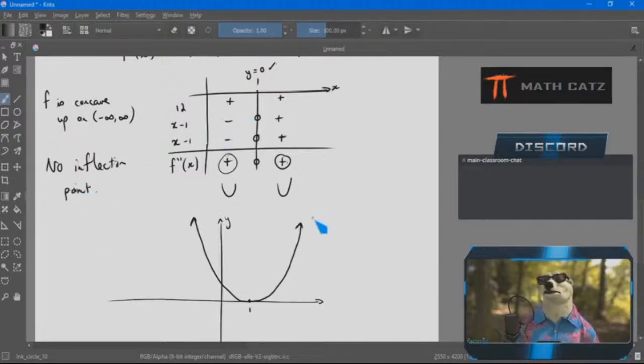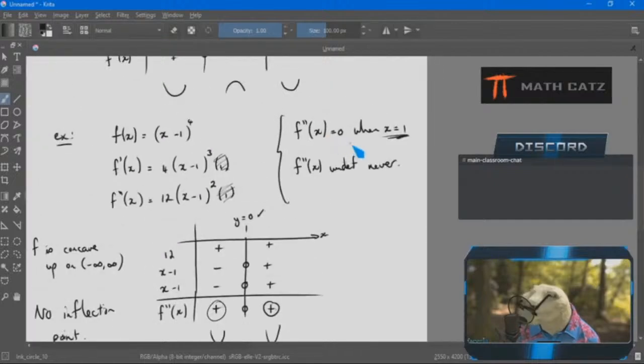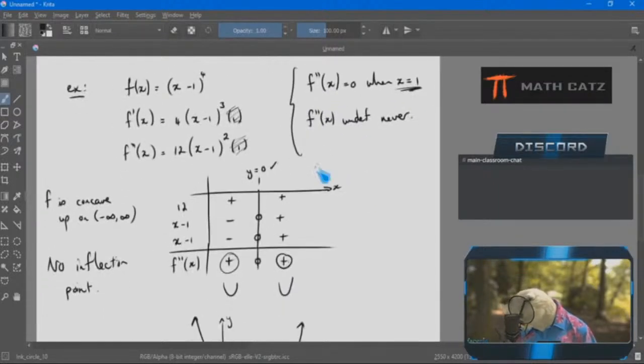Okay. So for the increasing decreasing behavior, a critical point is one that comes out of my check for the first derivative, of course. And if there's a point, it's good. It's a critical point. I don't care if it's increasing and decreasing or changing or anything. I don't care. If there's a point and it comes out of the check of the derivative, it's good. But the inflection point requires a little more.